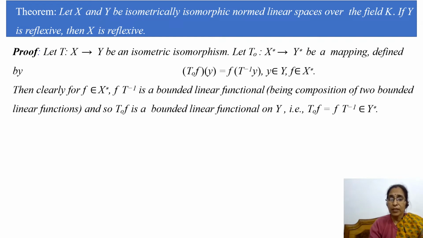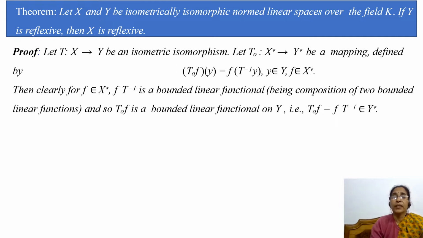Since it is given that X and Y are isometrically isomorphic, let T be a mapping from X to Y, and this mapping is an isometric isomorphism. That means T is bijective, T is linear, and T is an isometry. That means T preserves norms.